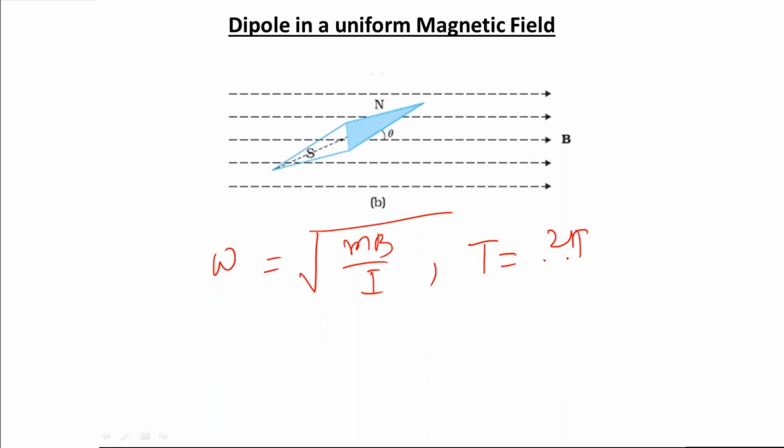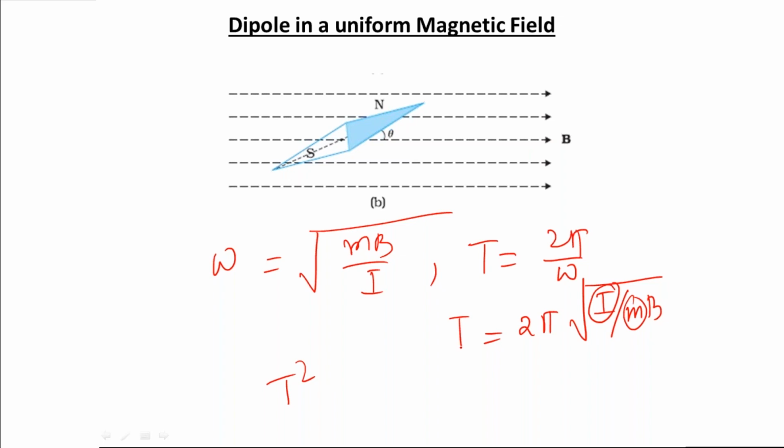Now time period will be 2 pi by omega, that means 2 pi into root over I by mB. This will be the time period, which we can easily calculate from our experiment. And once we get that, if we put the value of this and this, then I can find out B. So look here, I just square it out.